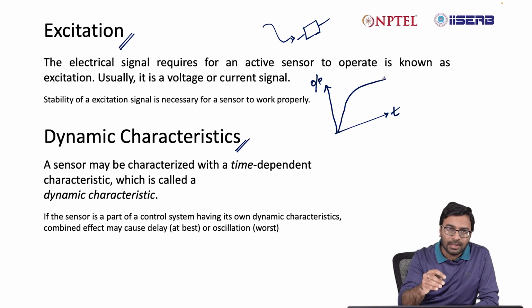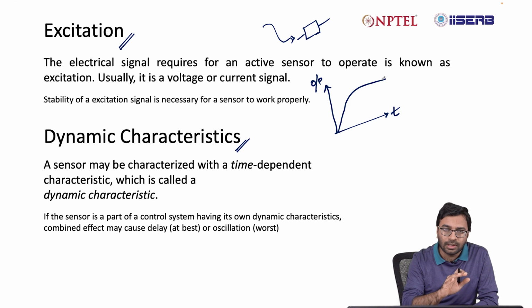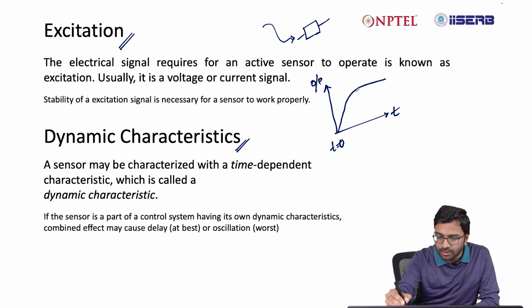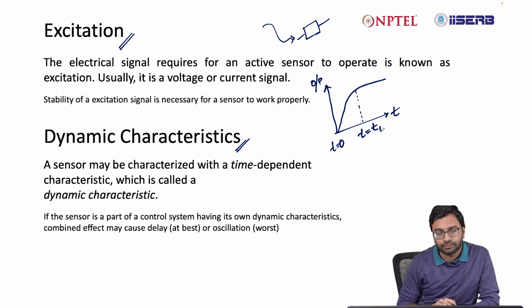Once you turn on the device, you'll find that the device response in the very beginning, at t equal to 0, is not stable. It takes some time before it reaches a stable response at t equal to t1. This phase is very important, and this is what determines the dynamic characteristics of the sensor.